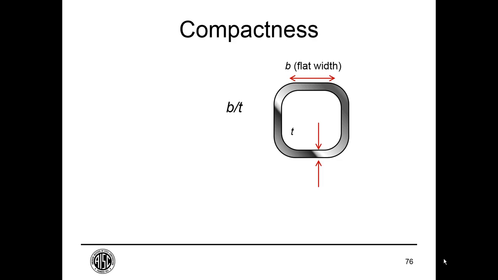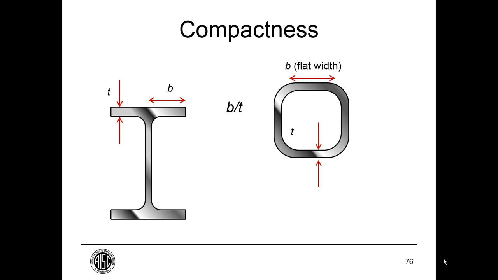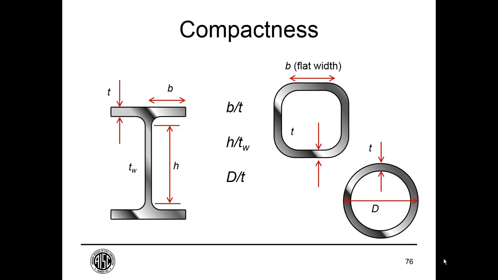So compactness: the seismic provisions tell us how to limit our b over t ratios for tubes and for flanges, h over tw for web, and D over t for round sections. By using stockier sections, we get better behavior.